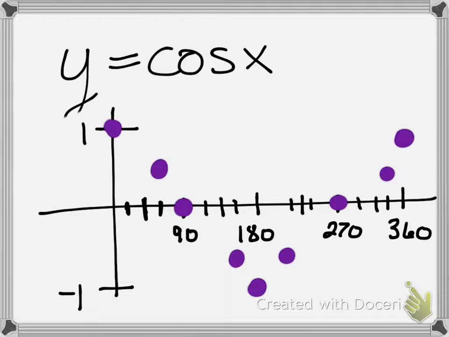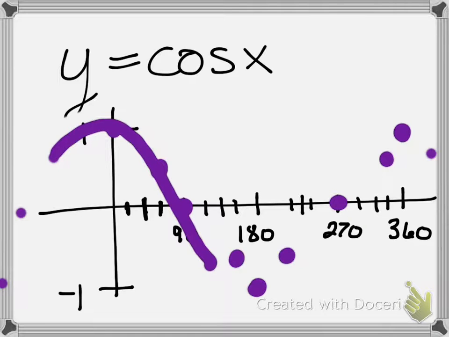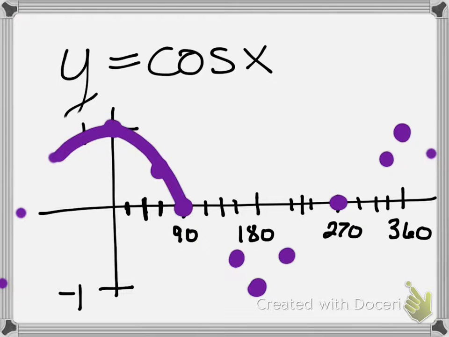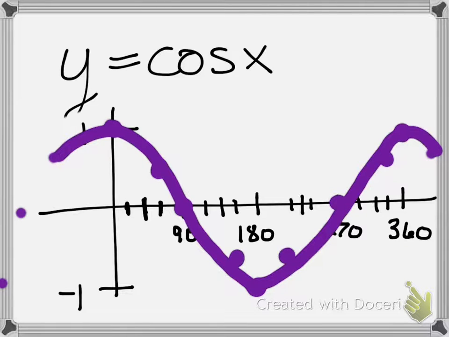Now, it does kind of look like a V, but actually, if we look at all the other points here, it actually does curve like the wave again. So if we were to connect these all, ooh, bad line, it would look something like this.